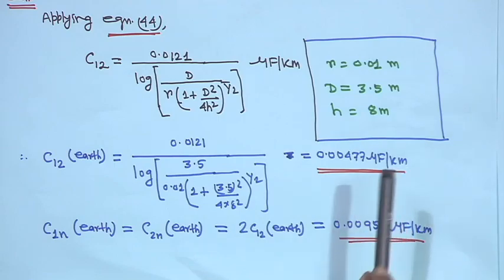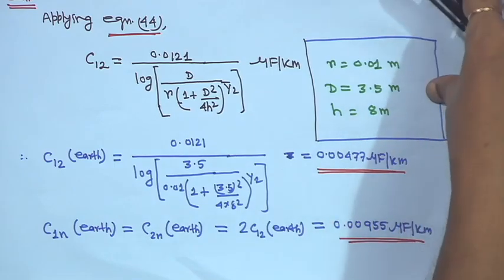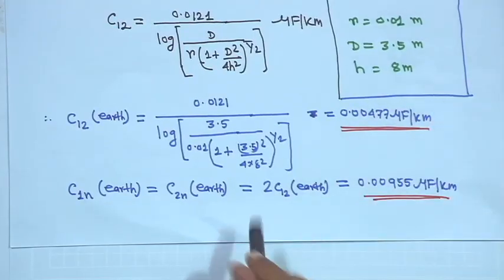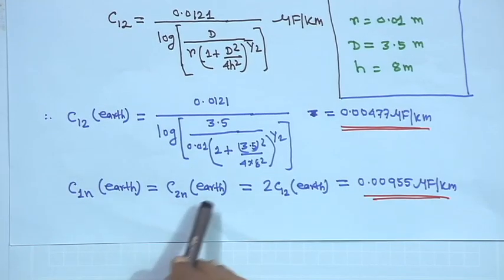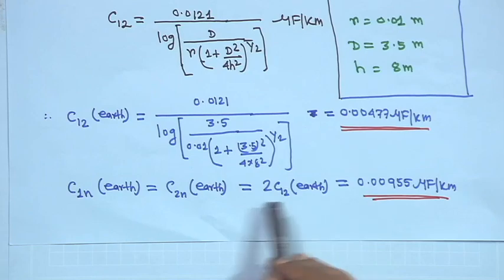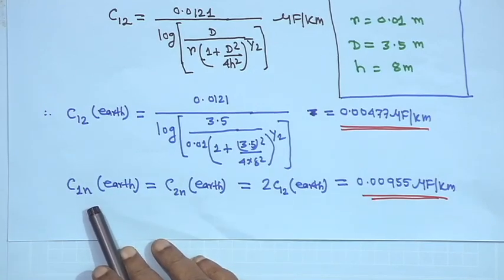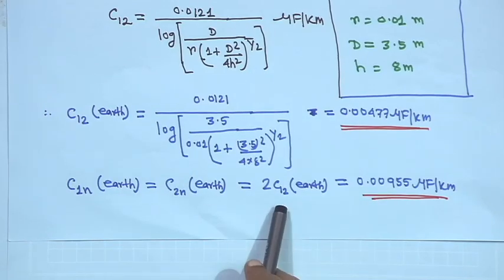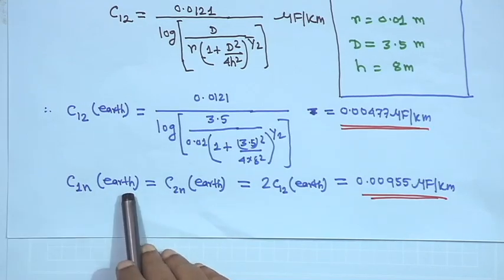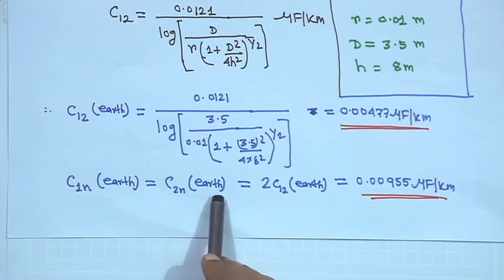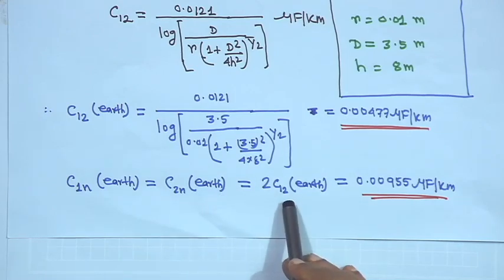And if it is C12, that is between two conductors, but if it is neutral, C1n earth is equal to C2n earth is equal to 2 C12. This formula you have seen earlier, C1n is equal to C2n is equal to 2 C12, but here the effect of earth is considered, so I write earth in brackets: C1n earth is equal to C2n earth is equal to 2 C12 earth.